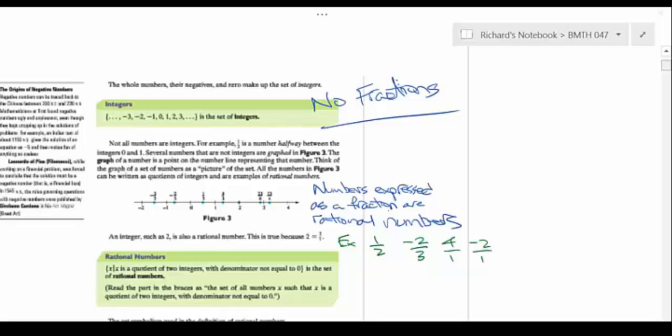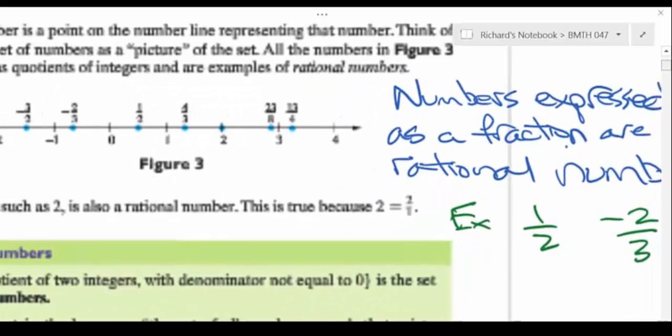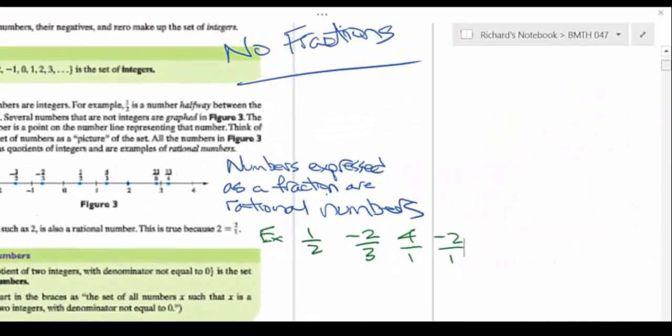So all of these numbers are rational numbers: 1/2, negative 2/3, 4/1, negative 2/1. The rational numbers include a fraction like 4/1. Well, 4/1 is the same as 4.